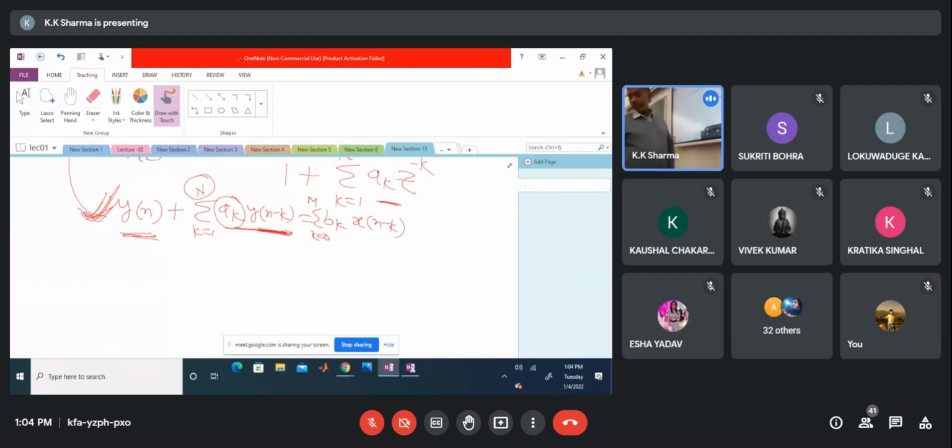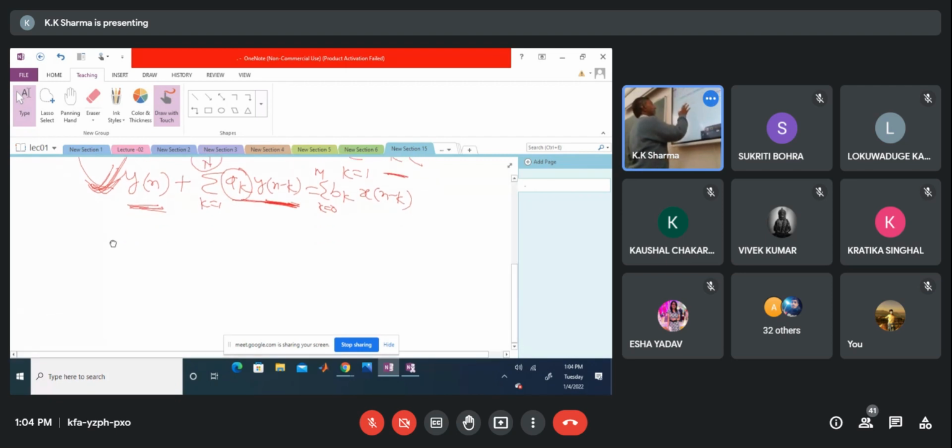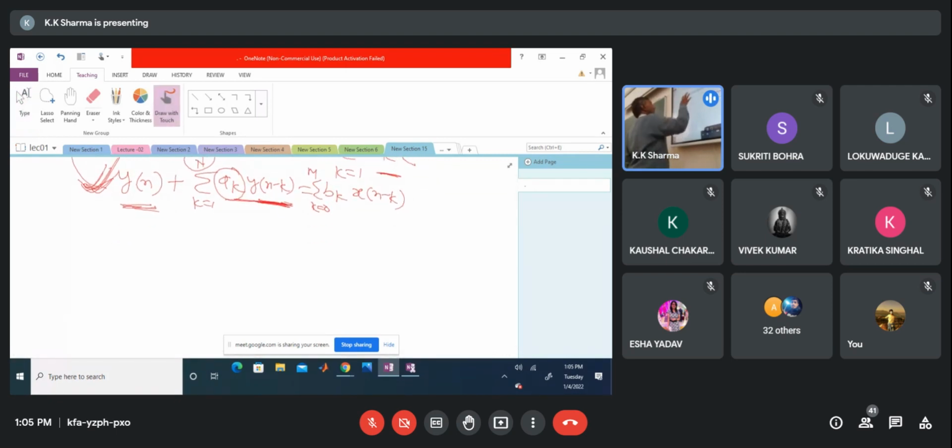Assuming that we are given the signal x of n, if you pass it through various delay elements, z to the power minus 1, you will obtain x of n minus 1, x of n minus 2, up to x of n minus capital N.